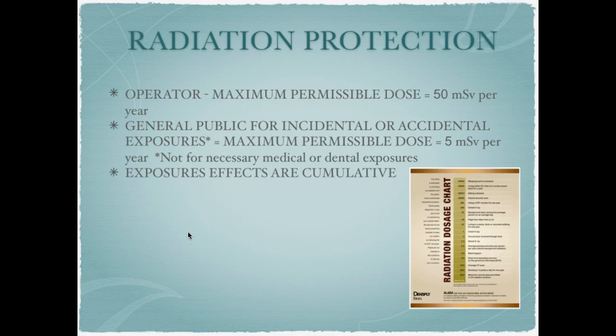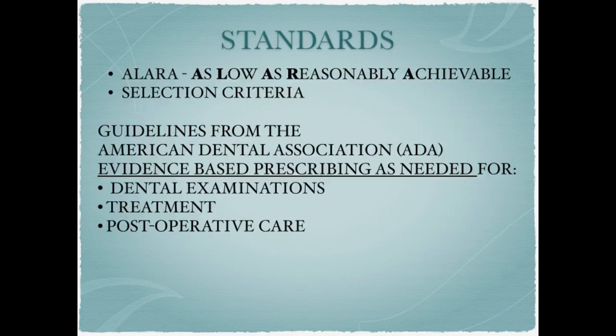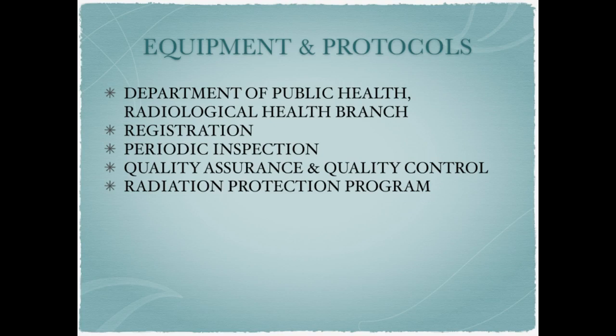So exposures, remember though, are cumulative because it makes a change in body tissues. So we do have to be very careful, and really it's the dentist who is directing when patients are to receive x-rays. And of course, that also affects us as the radiographer because we're the ones taking the x-ray.